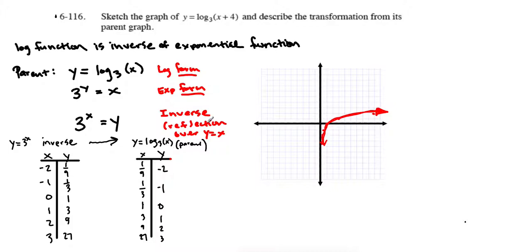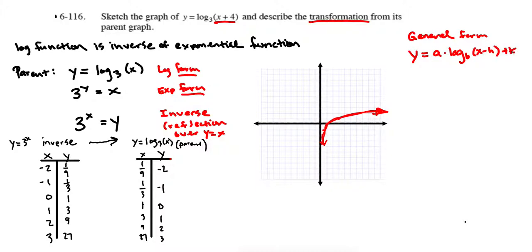So, anyway, we've graphed this here. Remember, this continues on down the y-axis. Now, it's asking about the transformation from its parent graph when we add 4 here. Well, our general form of that function is y equals a times log base b of x minus h, plus k.